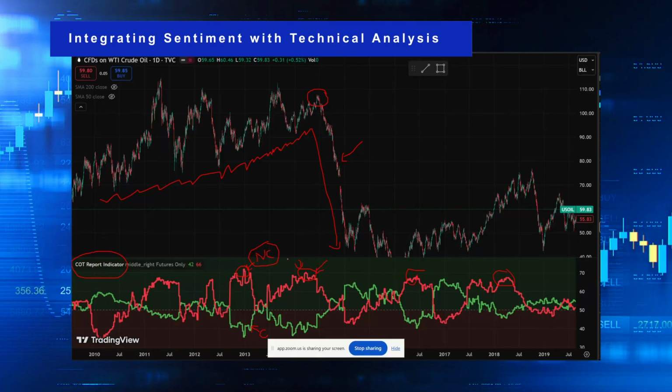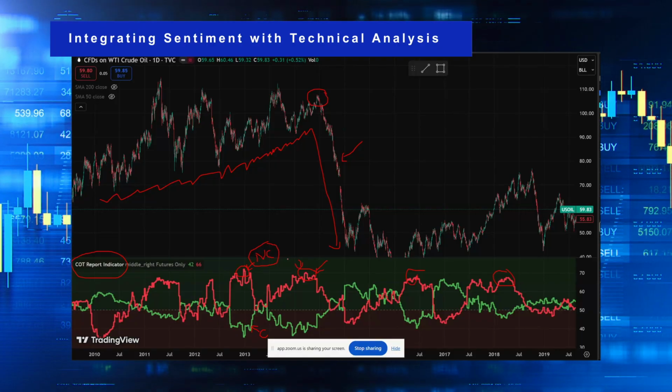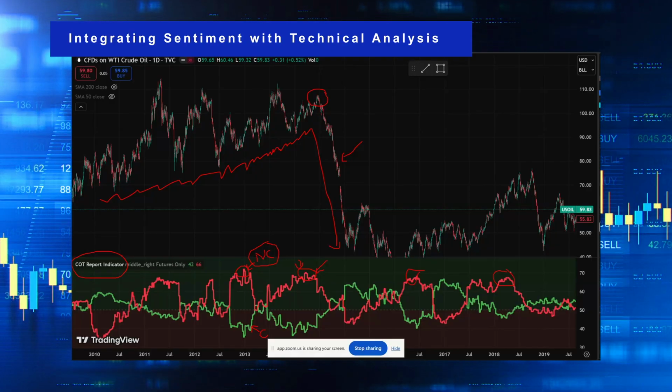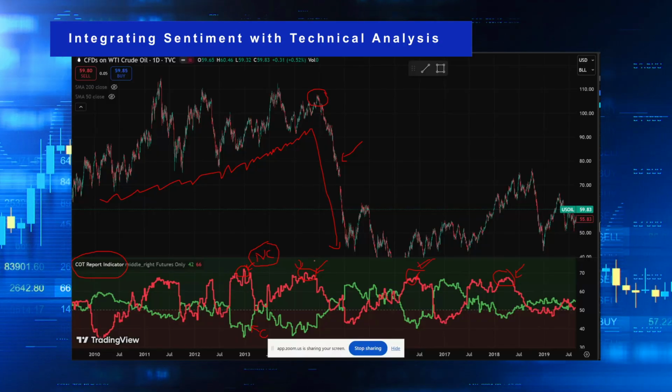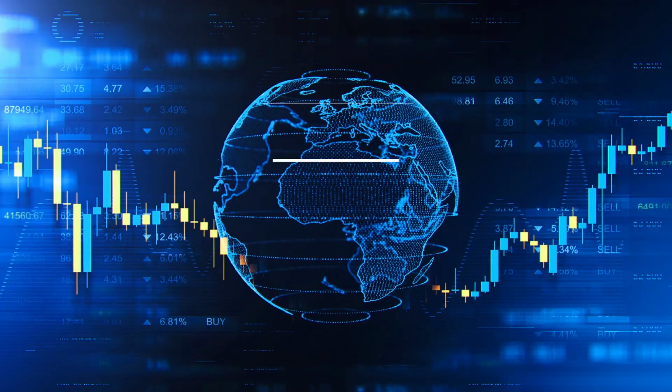So you can see that there's a major net long position right before the market tank. So it doesn't mean that every time you see a major net long position, then the market's going to tank. Doesn't mean that, but if it appears, then you need to take note and hopefully take profits if you are in a position.